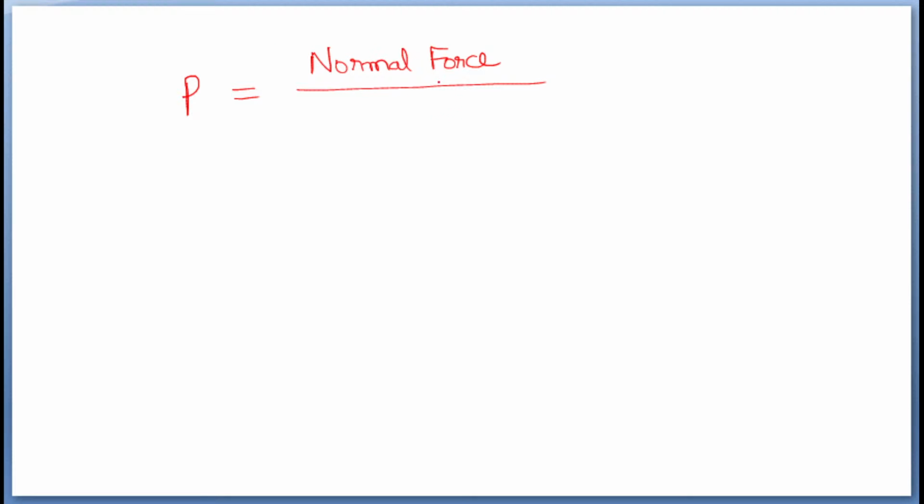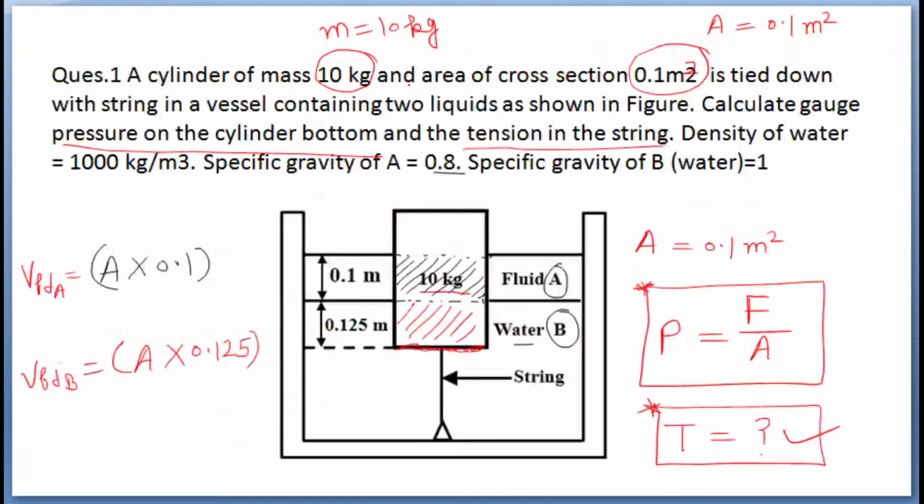External and compressive also come, then it will be correct. Divide by area. Which area? Area of the cylinder. Because here the pressure is acting now. Here pressure is acting due to this. So here pressure is acting on this area. So this is the area. Area is given already, 0.1 meter square. No problem in this.